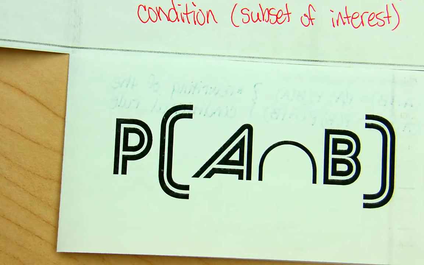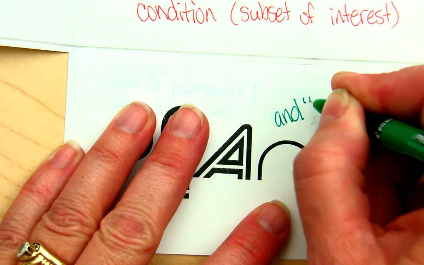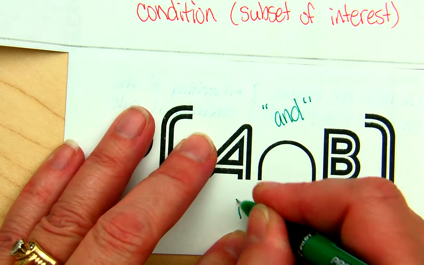Now, on the front, I haven't done this yet. So this is the, and this is called the intersection.